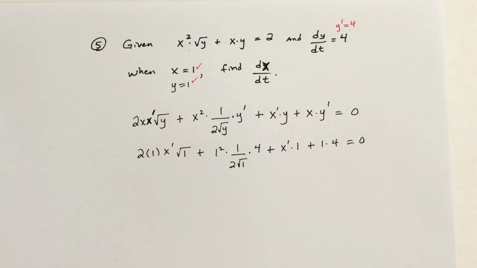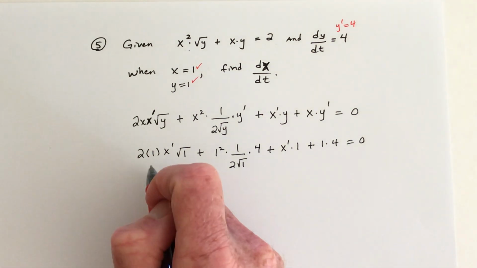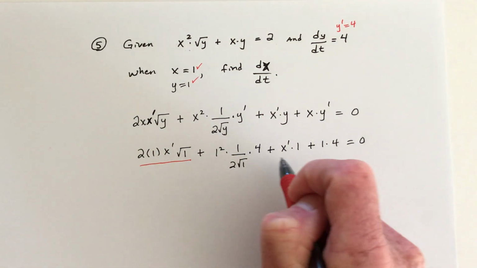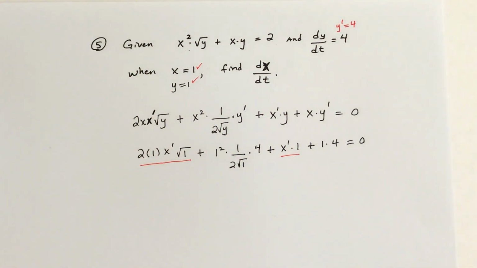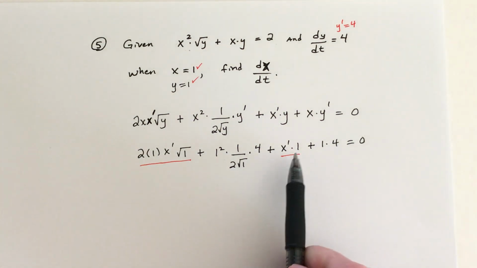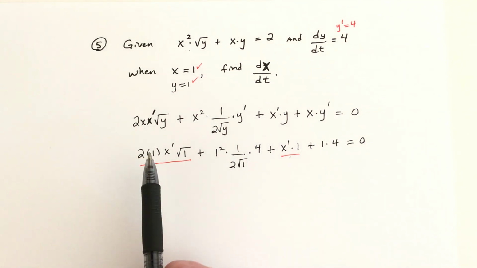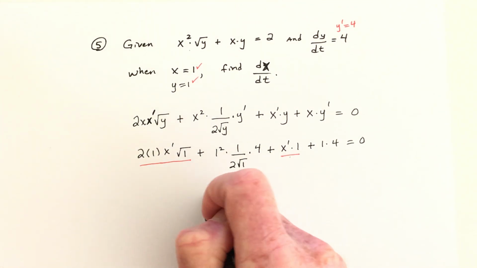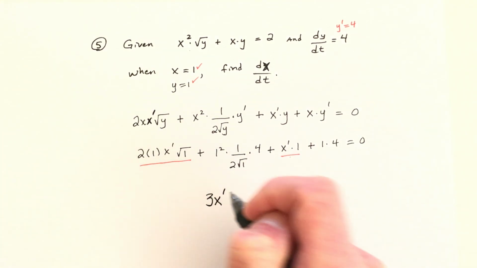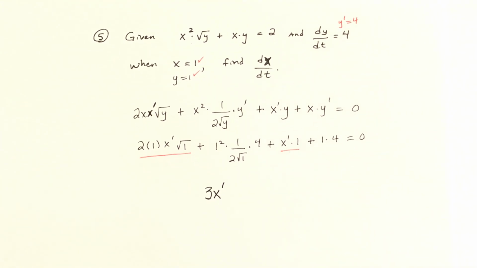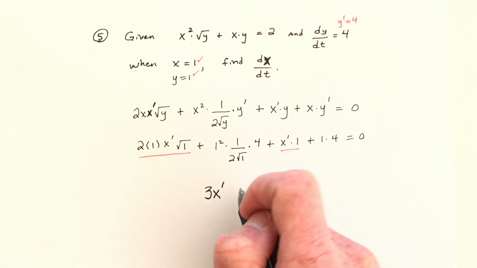Okay, so now if I combine like terms, this has an x prime and this has an x prime. So this is 1x prime, and then this is 2. So 2 plus 1 means there's 3 x primes. And then this number right here would be 4 divided by 2, so that's a 2, plus a 4 is a 6.